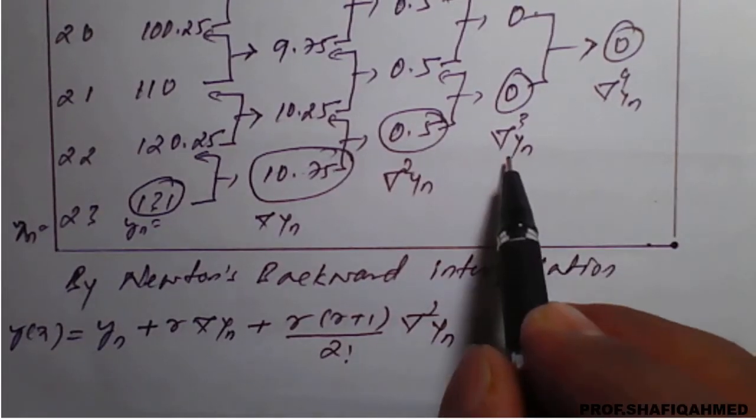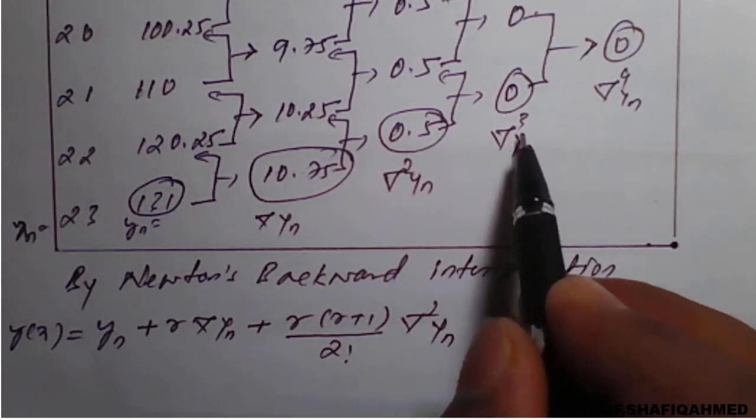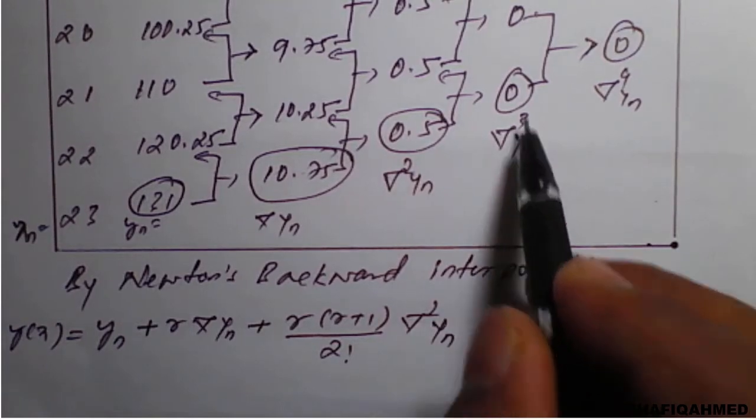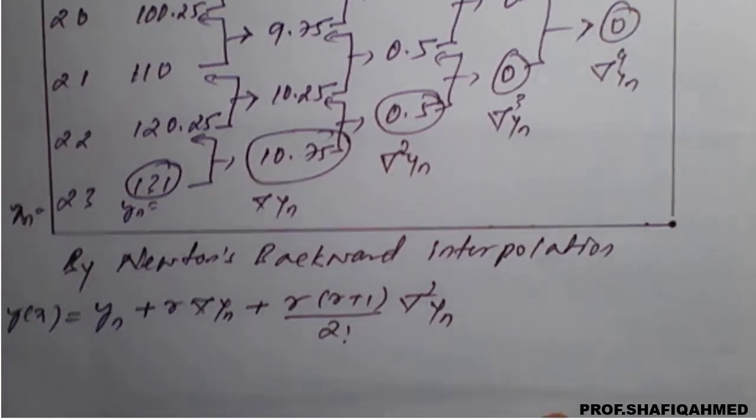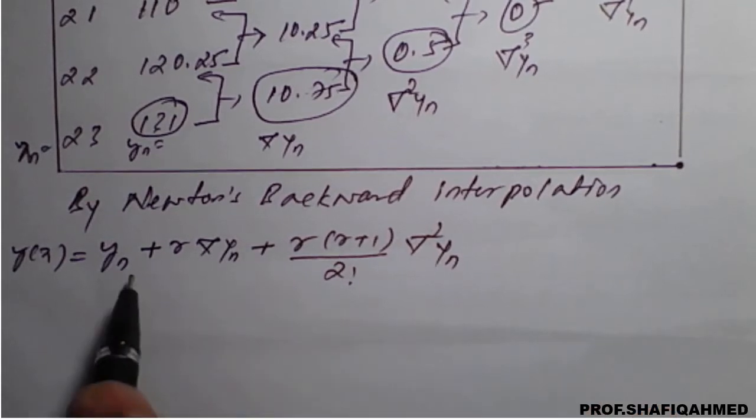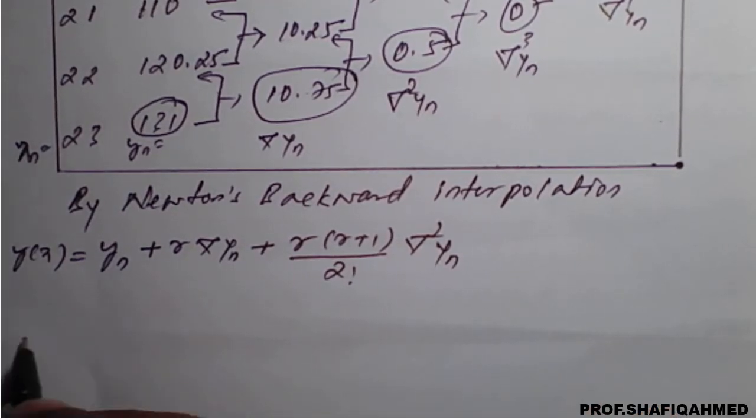You can write the formula further, but as nabla cube of yn is 0 and nabla 4 of yn is 0, no need to write, so I will write till here. Now we need the r value.